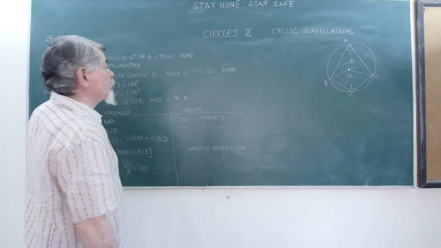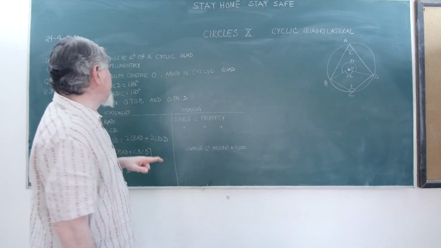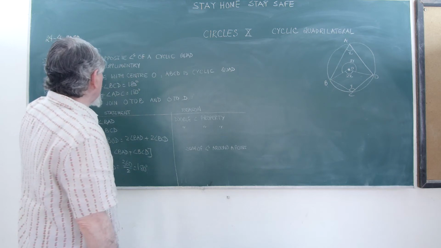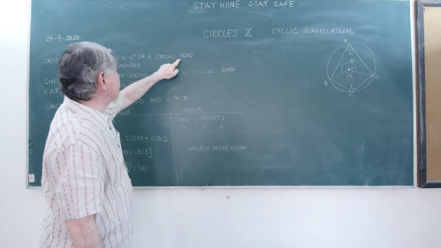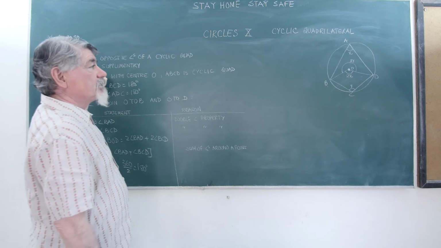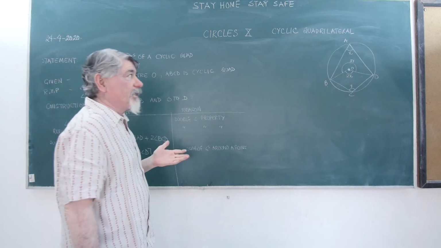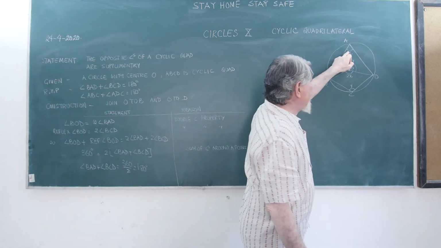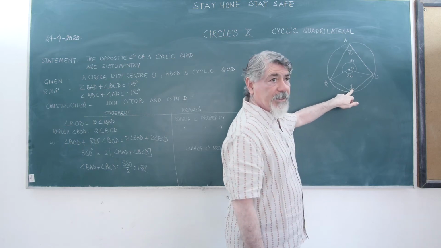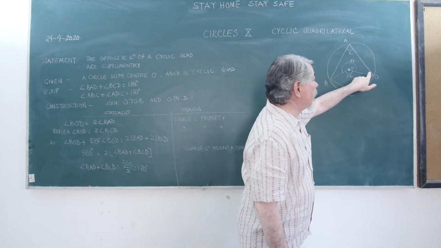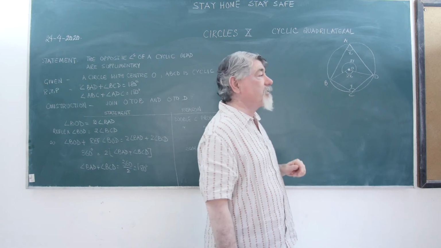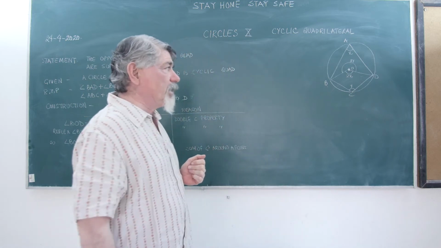Now, what we have to prove according to this theorem is that the opposite angles of a cyclic quadrilateral are supplementary. This angle A and angle C are opposite angles. Angle B and angle D are opposite angles in this cyclic quadrilateral.